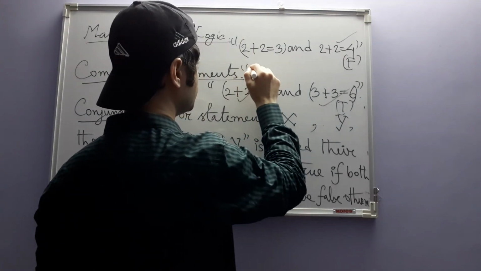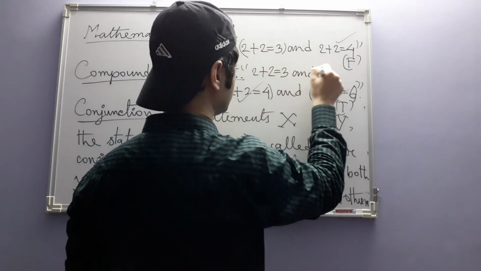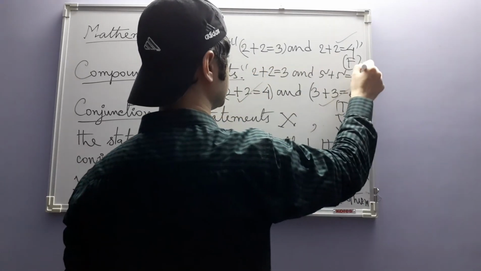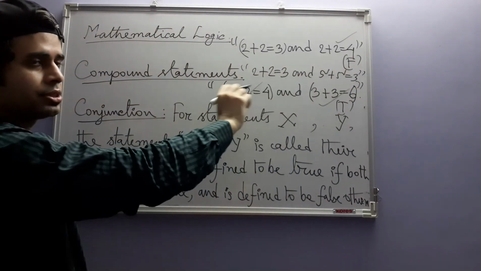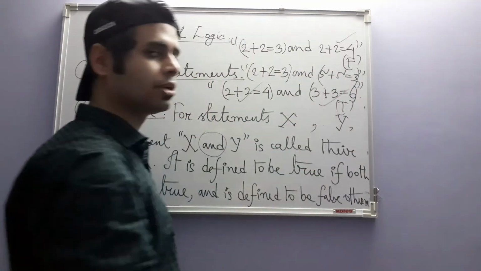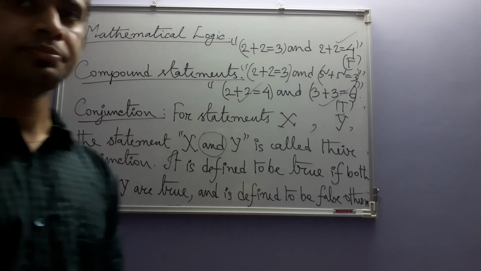Or, for example, 2 plus 2 equal to 3 and 5 plus 5 equal to 3 is also false, because here both the simple statements out of which this conjunction is made are false. Okay, so that is your conjunction.